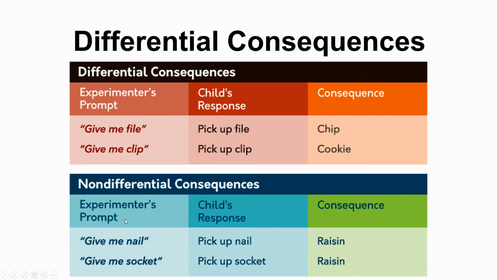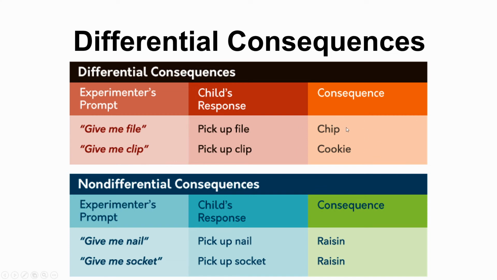So for example, if we did the same setup, here they're asking for a nail versus a socket, and in both cases the child does the correct thing, and the consequence for both of those is the exact same outcome, the learning in non-differential consequences is slower than equivalent setups using differential consequences.